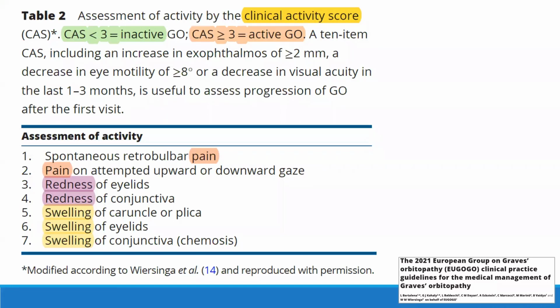If 3 or more, this is active Graves' orbitopathy. Don't forget that 2 pain, 2 redness, and 3 swelling. Redness of the eyelid and conjunctiva, pain, either pain on attempted upward or downward gaze, spontaneous or retrobulbar pain, swelling of the eyelid, conjunctival redness, and the swelling of caruncle or plica.